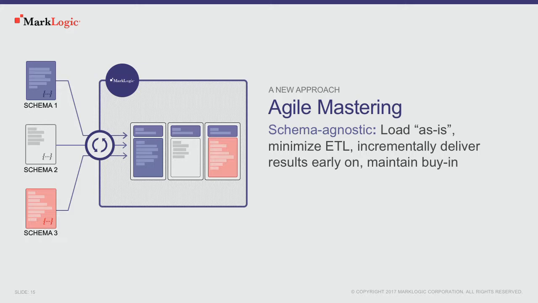It's also strongly likely that there are going to be some new data sources that get added, and Schema Agnostic allows you to accommodate those. It really does allow IT to keep their master data management project in sync with the business goals and the business changes, something that has pretty much eluded MDM up until this point.